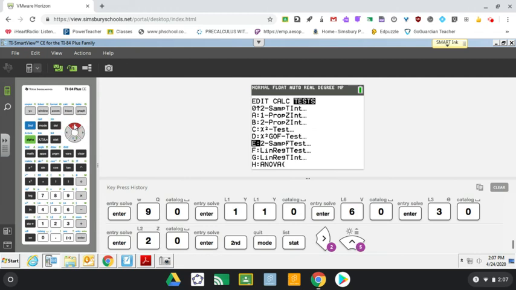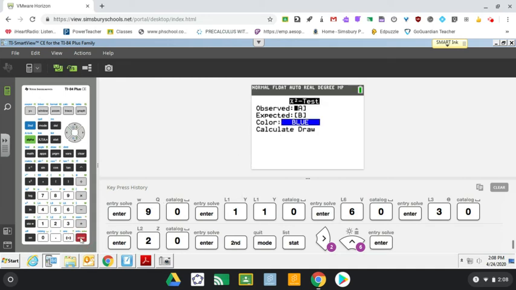Now, if I don't have my data in L1 and L2, I don't need that. I can just do a chi-square test because it assumes that you have your data in a matrix A. So you want to choose chi-square test without the goodness of fit part, okay? The nice thing is you don't even need your expected data in here because it'll do it for you. It'll actually insert your expected values in for matrix B. And I'll show you how to get that in a sec.